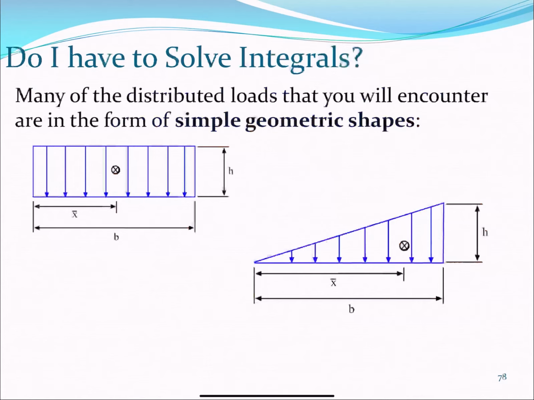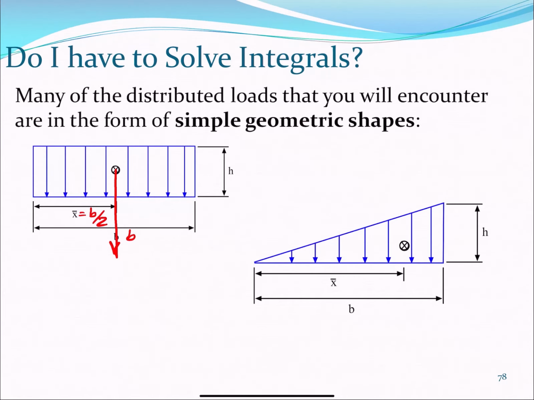Now, if you remember, we will next be asking where to place the equivalent load. So for a rectangle, it's easy. It passes through half of it, what we call the centroid. So if we call this base B, this distance is equal to B over 2.